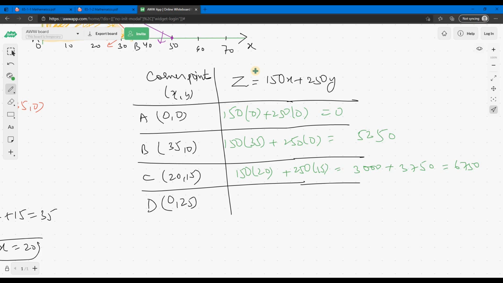Now finally we evaluate the objective function at the last corner point, where x is 0 and y is 25, which gives 6250. So for all these corner points, the maximum value of this objective function is when x is 20 and y is 15, which means the maximum profit will be when 20 chairs and 15 tables are sold.